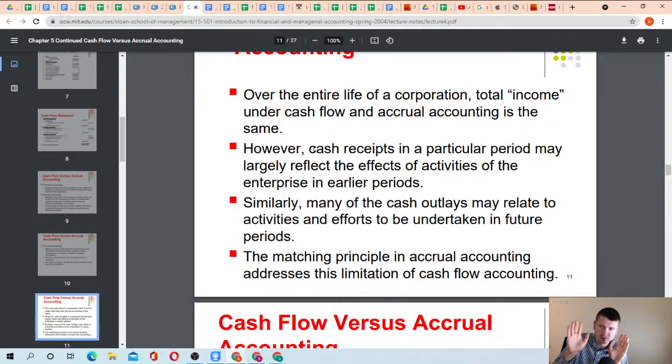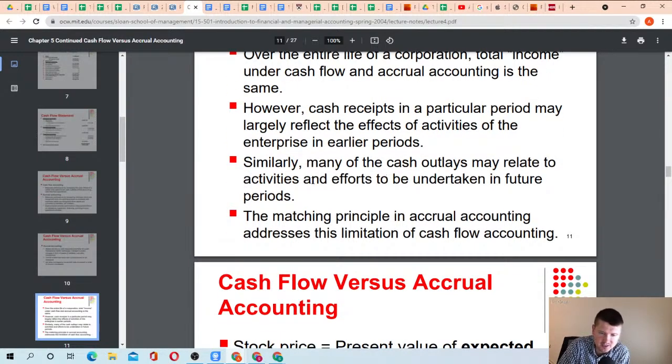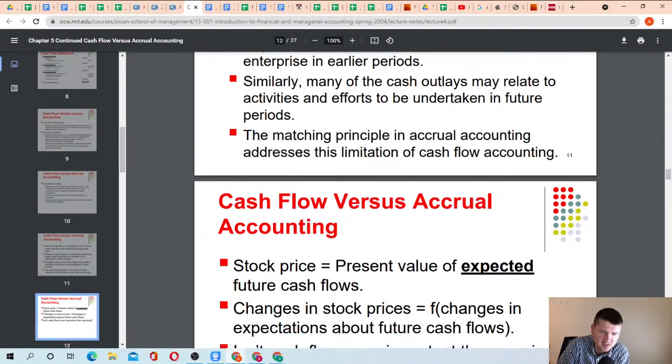So your accrual cycle will be kind of shorter than or the same as your cash cycle. Similarly, many of the cash outlays may relate to activities and efforts to be undertaken in future periods. The matching principle in accrual accounting addresses this limitation of cash flow accounting.